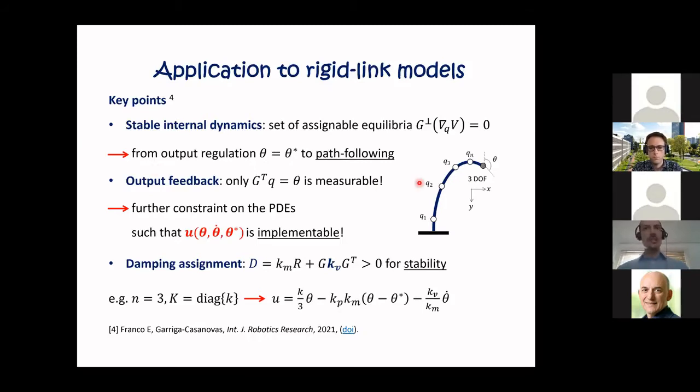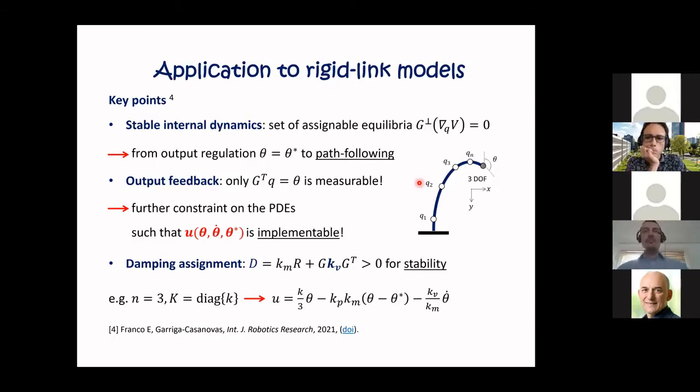Another aspect is related to output feedback. As we heard this morning, we typically have more degrees of freedom than we have sensors. So ultimately, this means that we are typically not able to provide full state feedback, which is a further obstacle on our track.